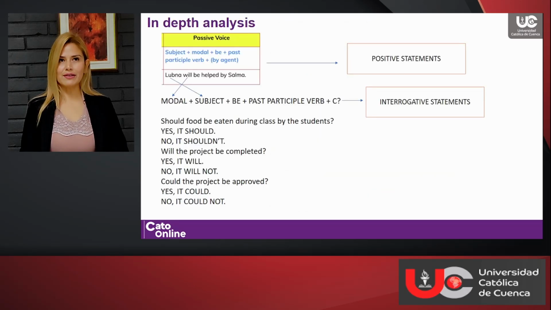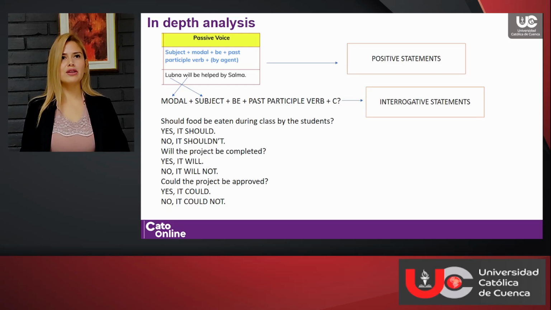In interrogative sentences, we change the place of the modal. The modal is placed in first place of the sentence. For example, here I have the structure modal plus subject plus be plus past participle plus complement.